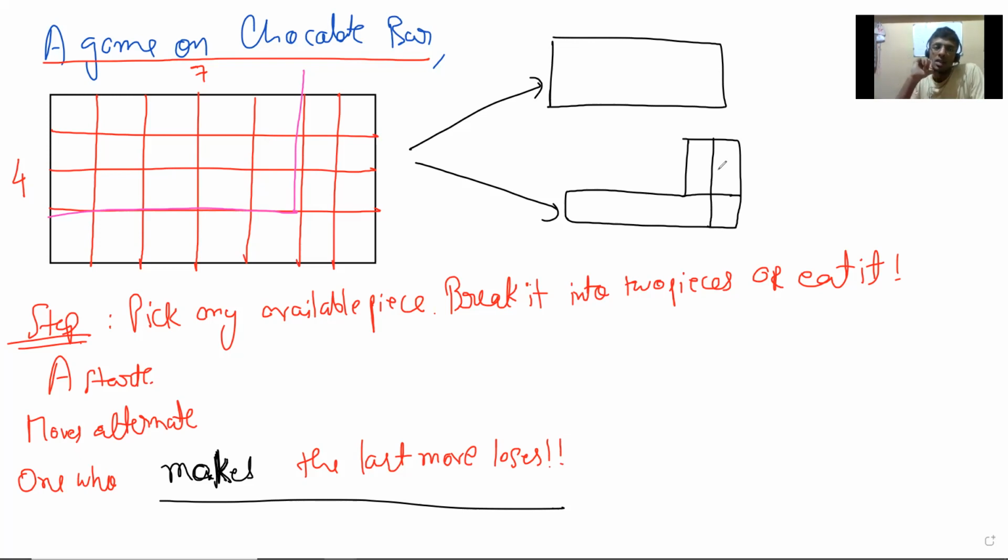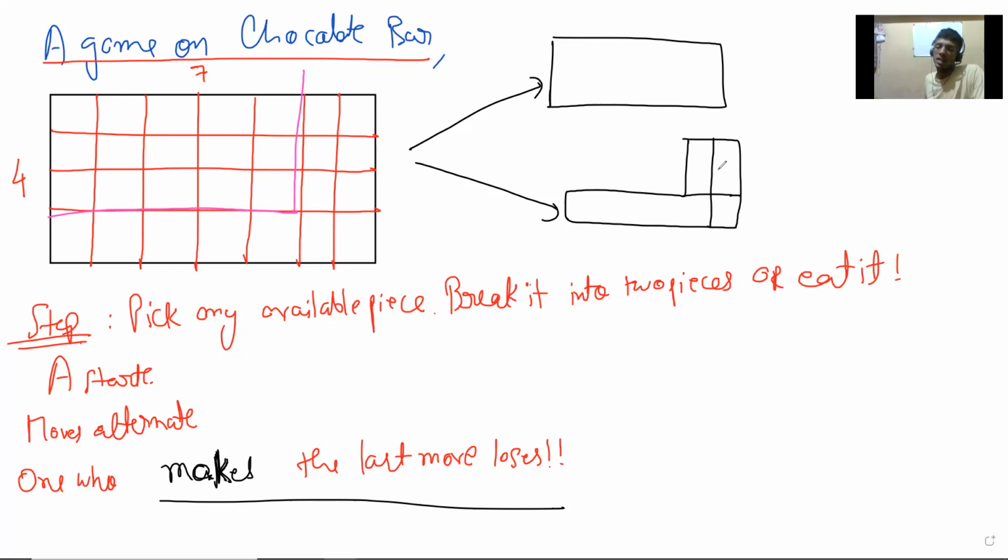If A can manage this, then in the end there will be exactly one atomic chocolate cell left for B, and then he loses. So this is the technique here.